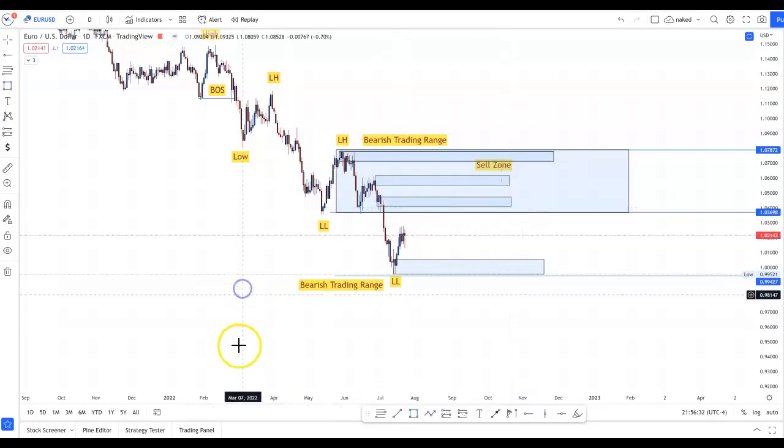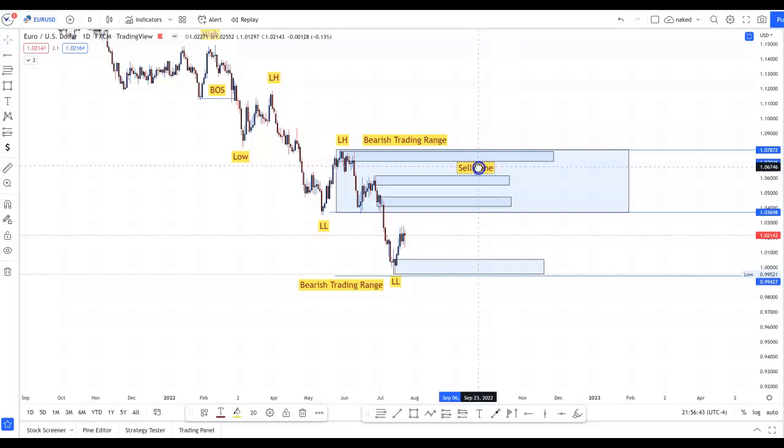So again, I'm not looking to sell Euro USD until it gets into my sell zone. Once it gets into the sell zone, guys, then I'll be looking for an opportunity to sell the Euro USD. But until then, I am not looking to sell it. If you wanted to, you can get in on this counter trend trade.